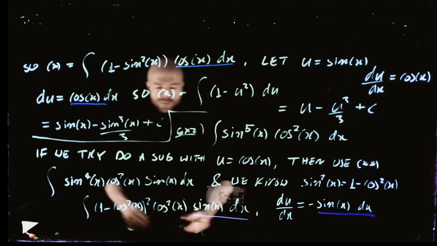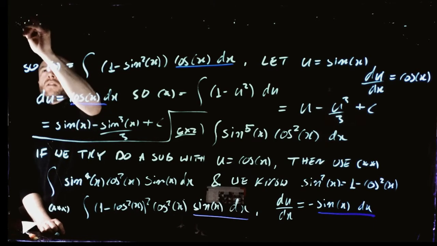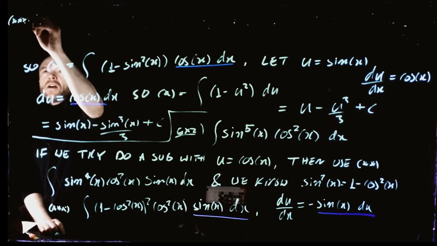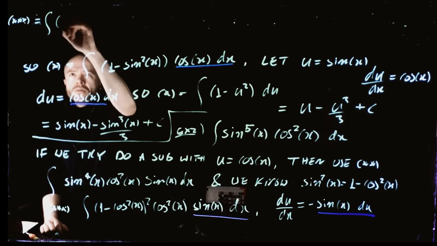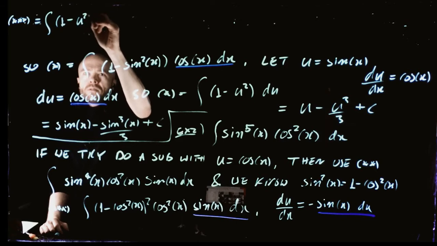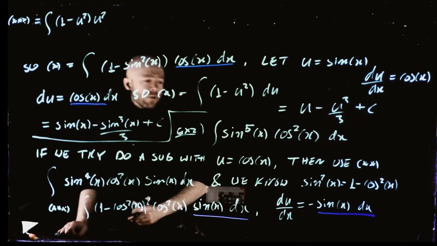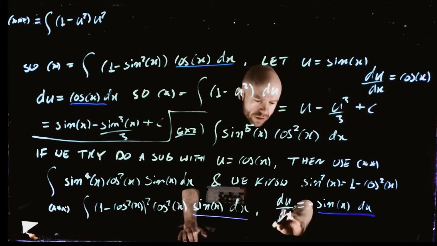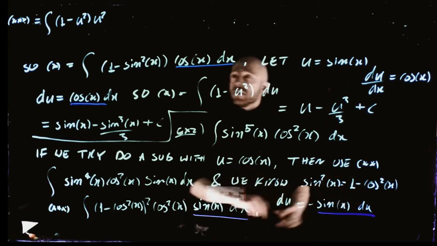All right, so we are here. Now let's call this star star star, and then star star star. We're going to turn everything in terms of u, right? So we're going to have the integral of 1 minus u squared, and this thing we've learned, oops, this makes no sense what I just wrote here. Should be this. The u is minus sine of x dx.